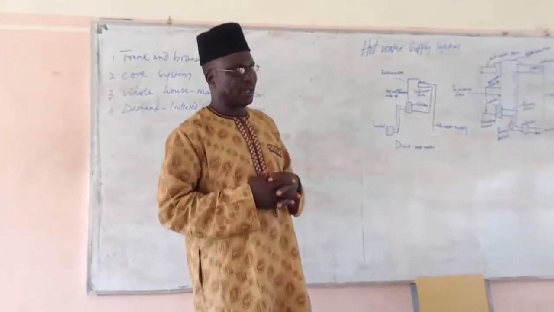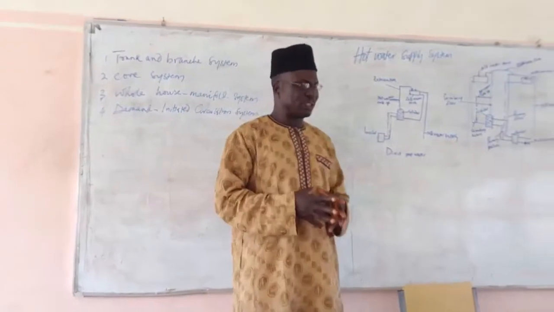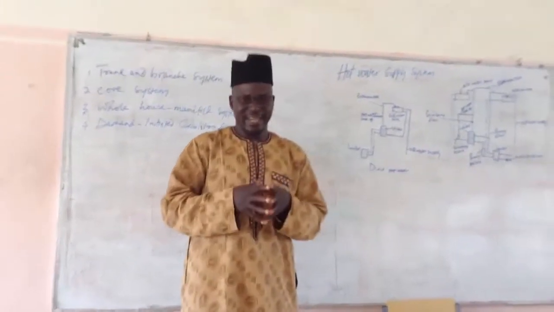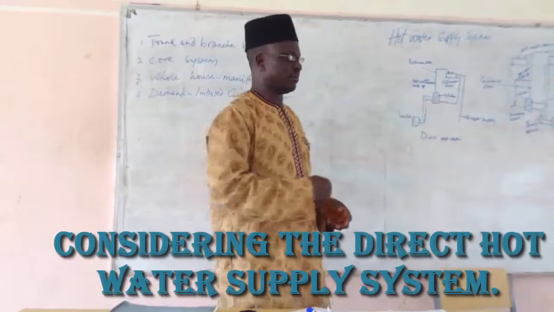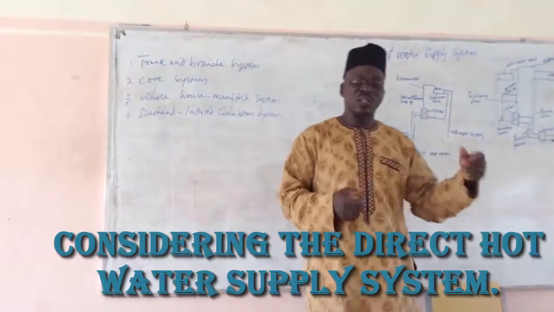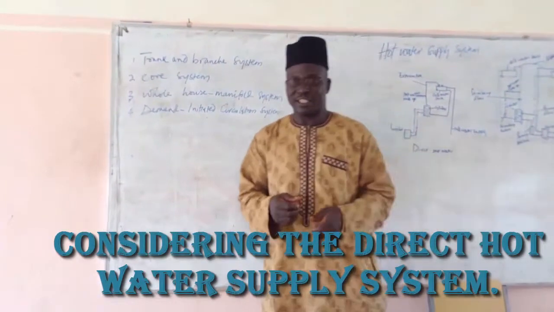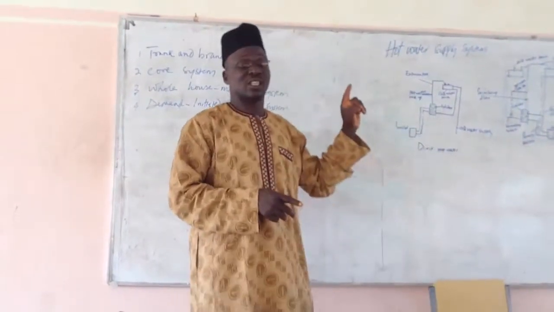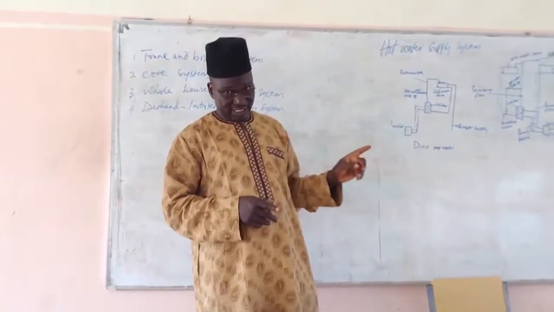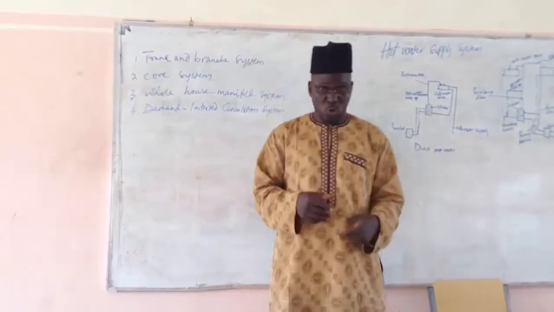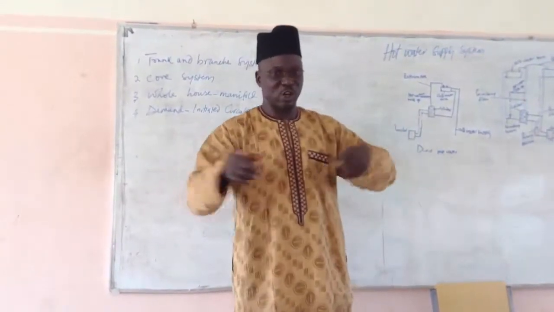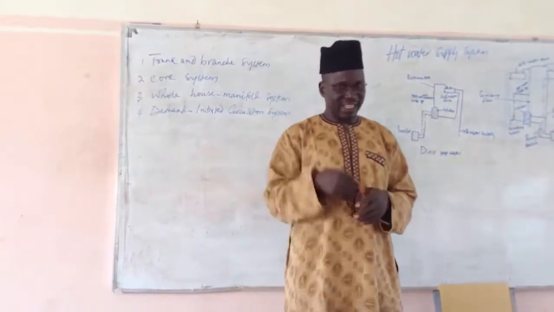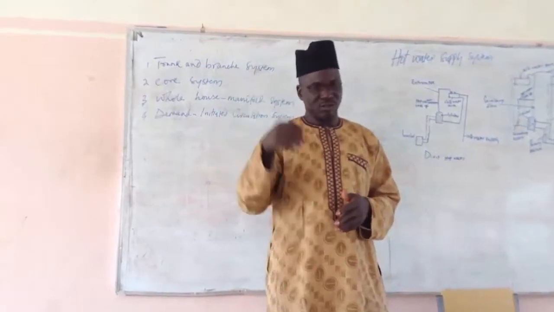In this clip, we shall see what is meant by direct hot water supply. When we say direct in a cold water system, we mean the water comes from the source, passes into your home, and is distributed to various points directly without being stored.